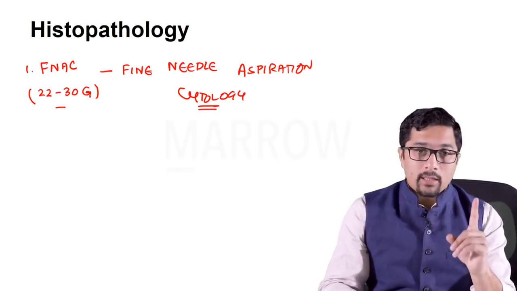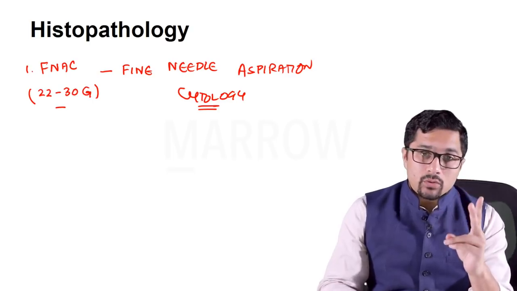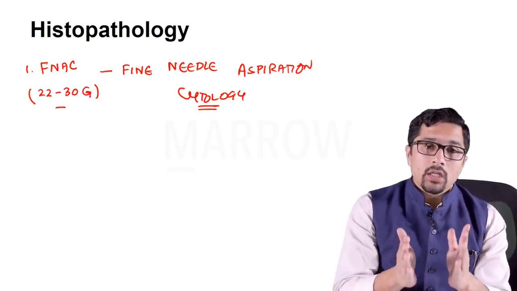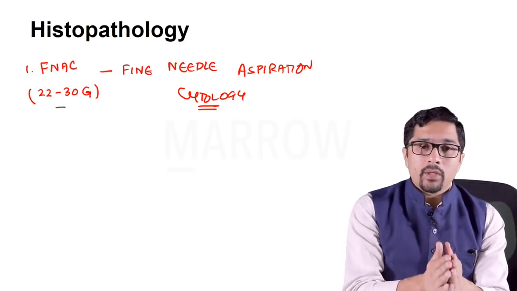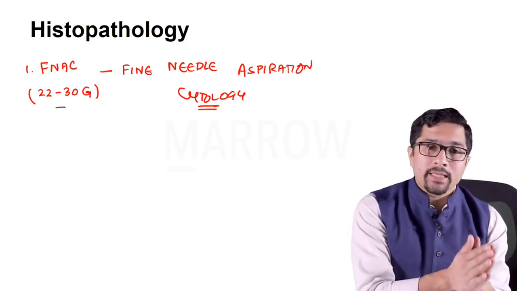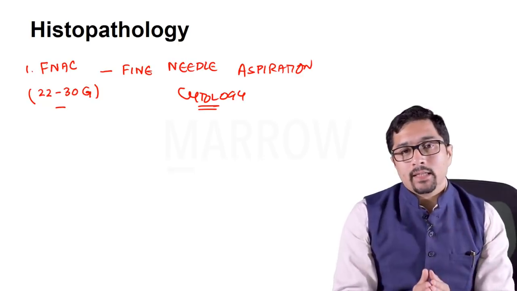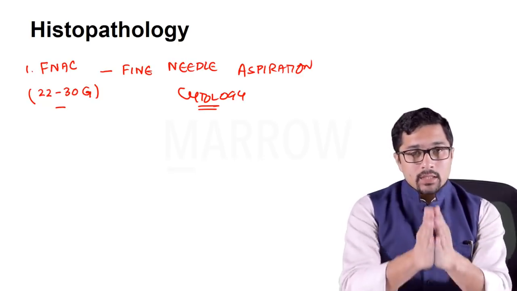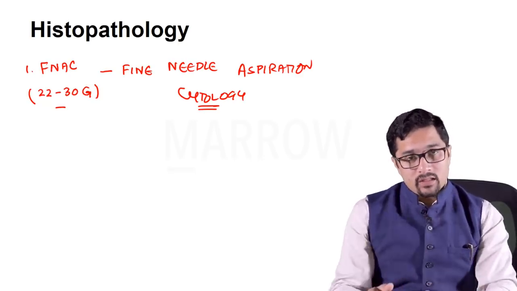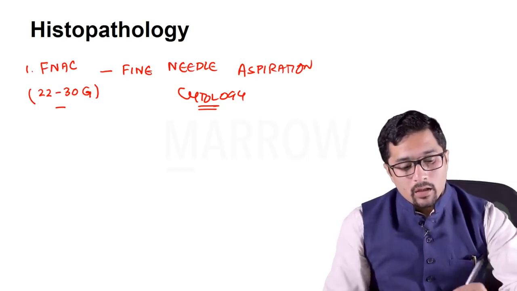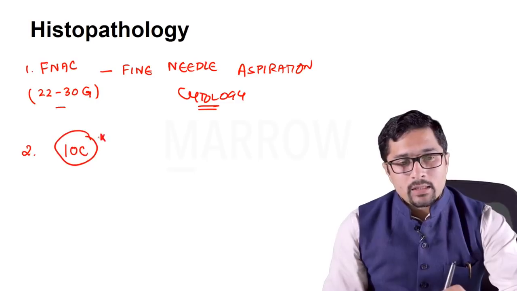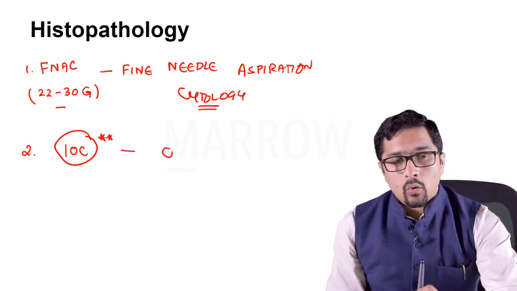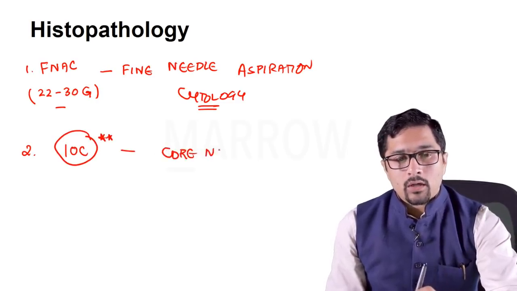And number two, you cannot effectively study the ER, PR and HER2/neu receptors on an FNAC slide. So these are the two drawbacks of an FNAC, which is why the investigation of choice in a breast lump is a core needle or a true cut biopsy.